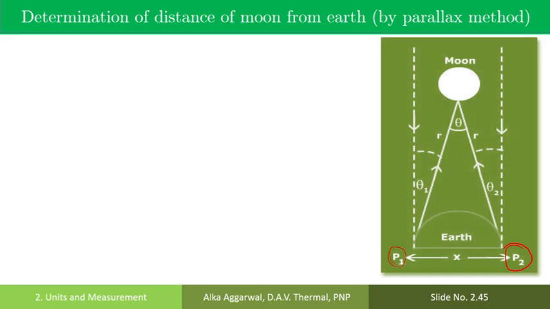Let this be the line which is coming from the star, to have simultaneous observation of the moon. Let the angle between the distant star and the moon from the 2 points on the earth be theta 1 and theta 2.